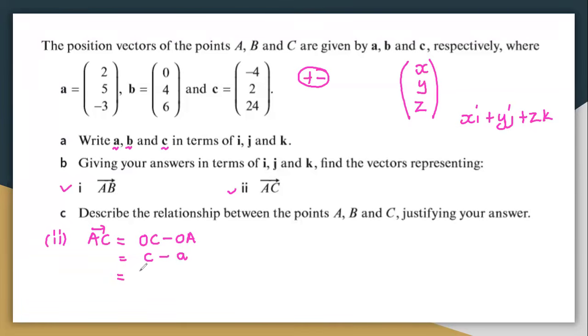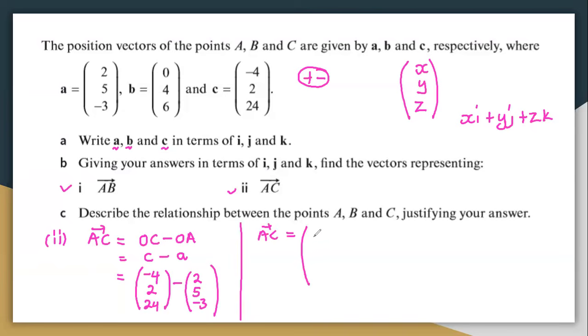Yes, so now we state them, that is -4, 2, 24, then minus vector 2, 5, and -3. So we subtract the two vectors, then we get -6, -3, and 27.